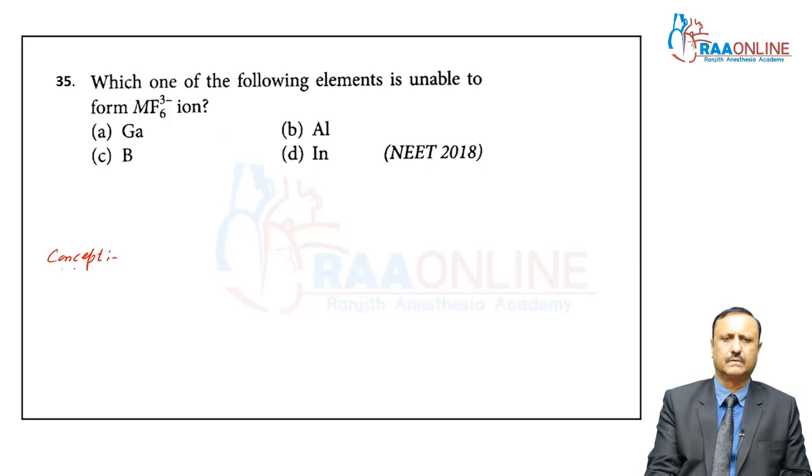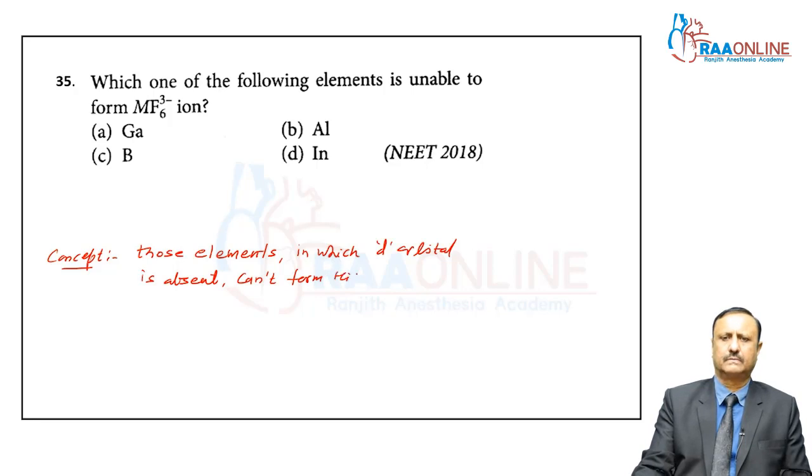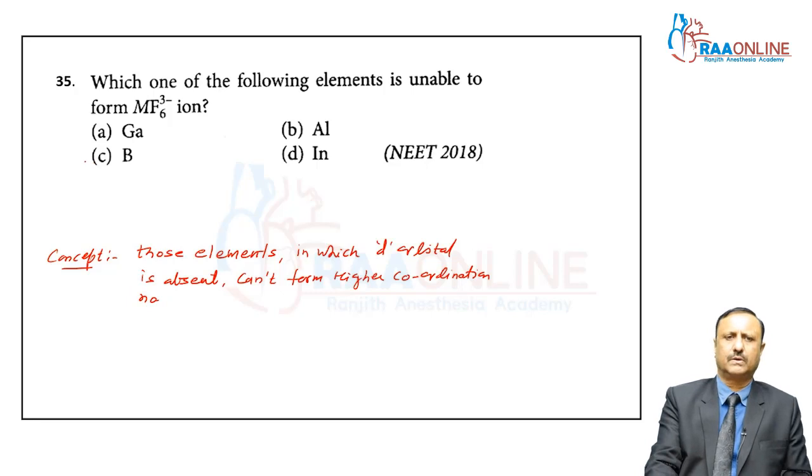Concept: those elements in which d orbital is absent cannot form a higher coordination number. And you can see here this is the higher coordination number. So boron cannot form this higher coordination number.